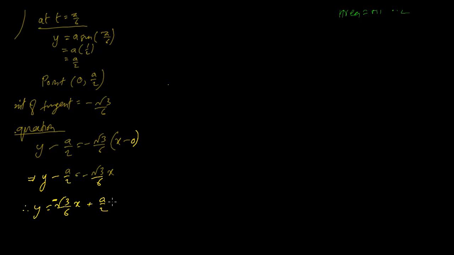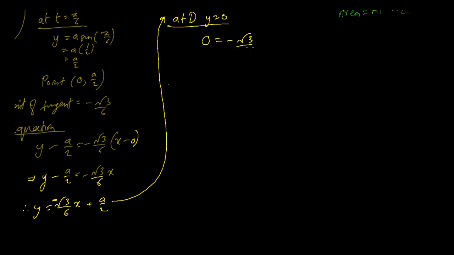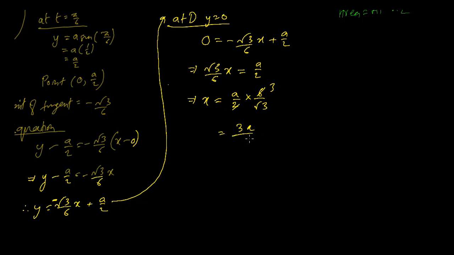At D, y equals 0, because D is on the x-axis. So y equals minus root 3 by 6 x plus a by 2 gives root 3 by 6 x equals a by 2. Cross multiplying, x equals a by 2 into 6 divided by root 3. 2 3s are 6, so we can write 3a divided by root 3. This is the value of x.